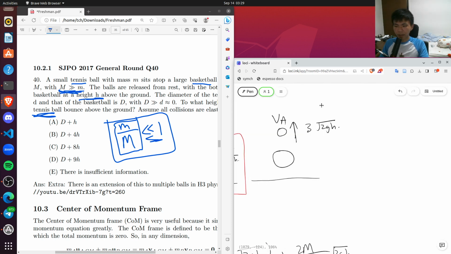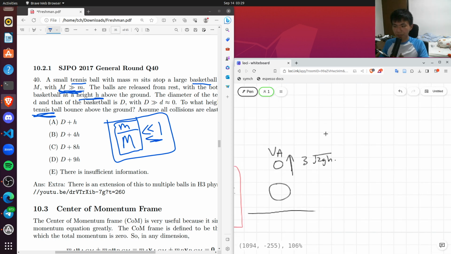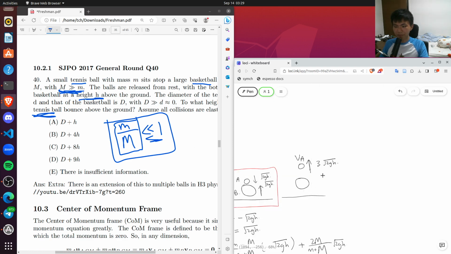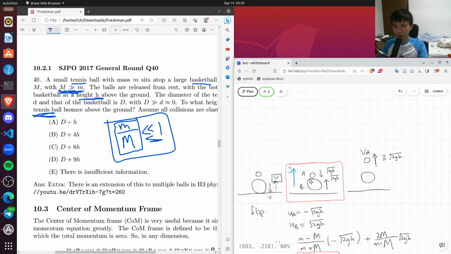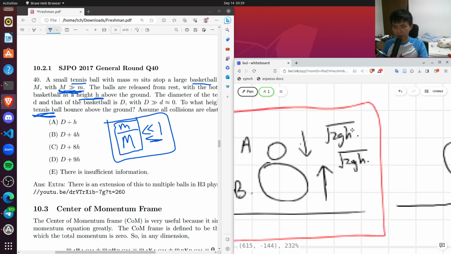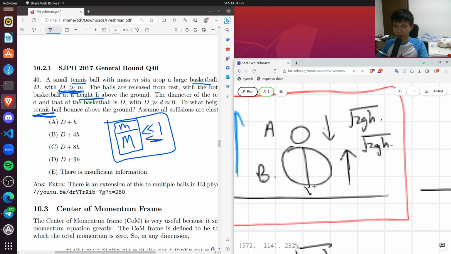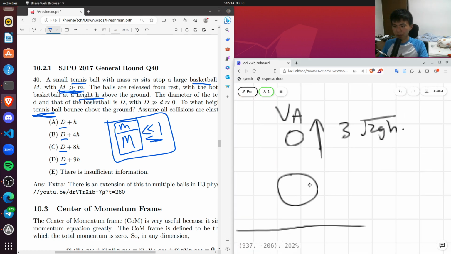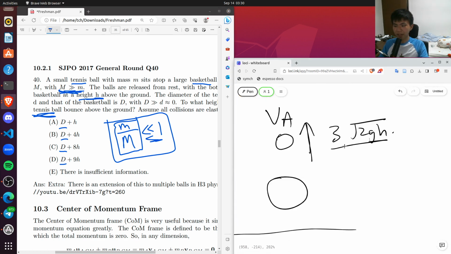And what do we know from here? We know once again the height that it bounces to. When it first bounced over here, the height above the ground is just d, the diameter of the basketball, which is why we see all the d's over here. Now all that's left to do is to find from this velocity how high it bounces.